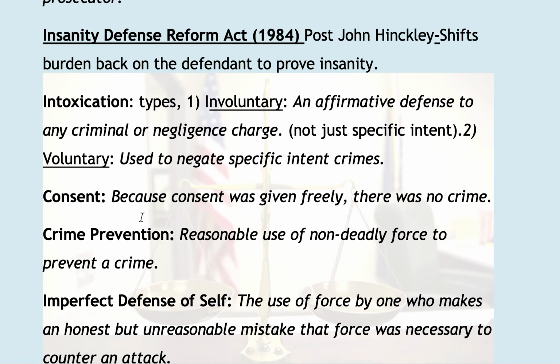So the Insanity Defense Reform Act came about in 1984. I don't think you need to know this for the bar, but it might be a good idea to know it. It basically is post John Hinckley. When Reagan was in office, he wanted to change these laws.